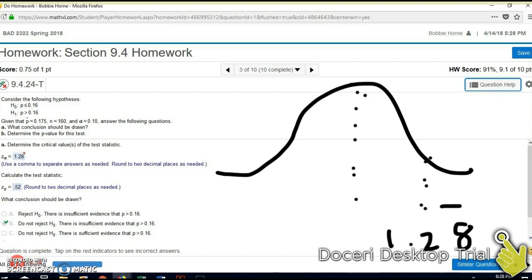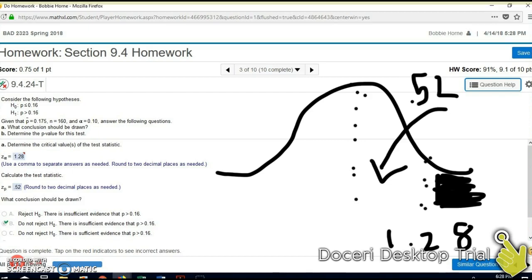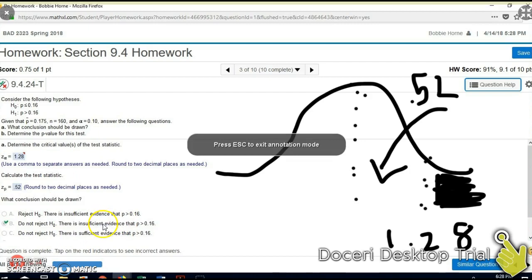So that critical value tells you in a right tail test, this area I've filled in is the rejection area. So I will reject the null if my test statistic is in that area. As you can see, 0.52 would be on the other side of 1.28. So since it's not in the rejection area, we cannot reject it. There is insufficient evidence to show that the alternate is true. There's nothing that shows that, so we can't reject the null.